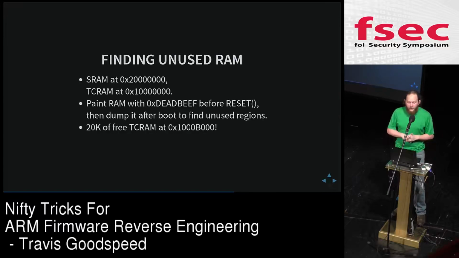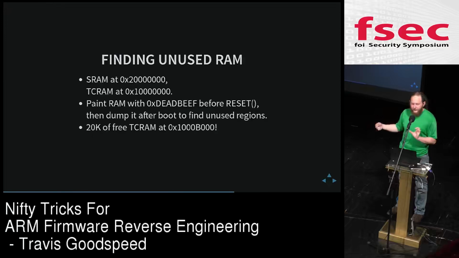And then you fill all of RAM with dead beef before you begin running your target application. Then after the application has been running for a while, you dump all of it out and you look for the largest contiguous region of dead beef, and that tells you where the available RAM is.